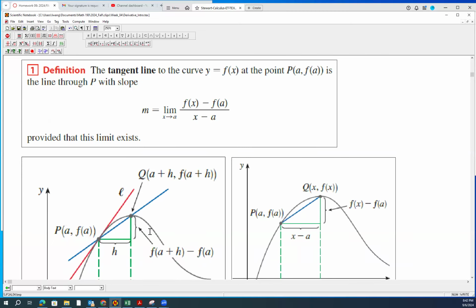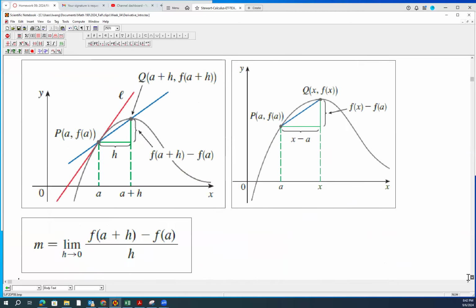Suppose we assume the difference between x and a is h. Formerly it was x minus a, so h is x minus a.